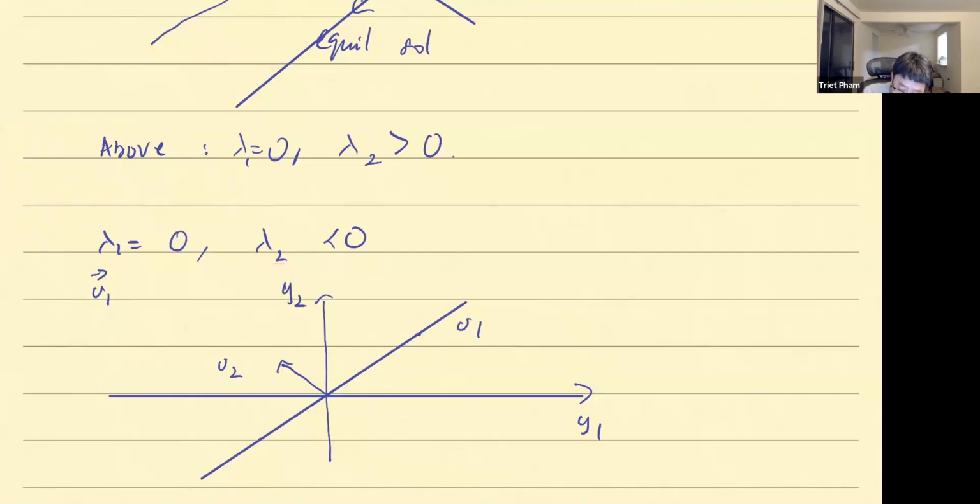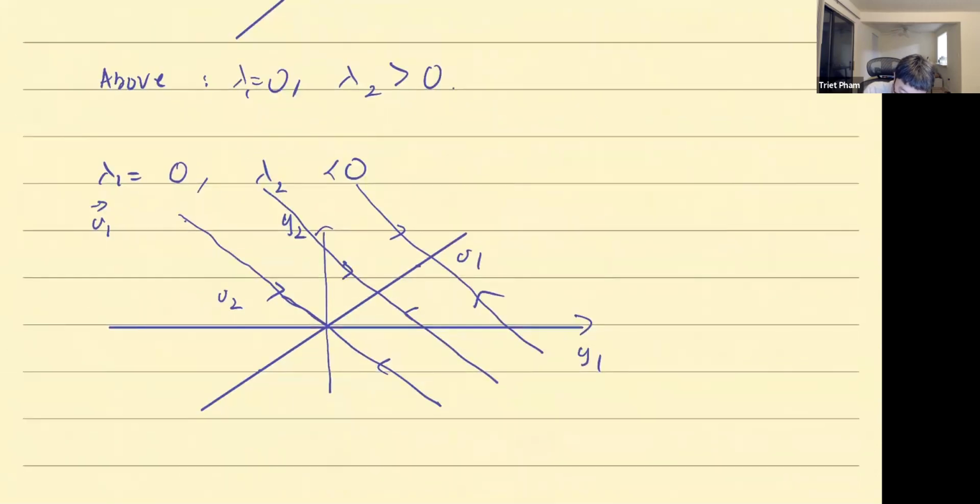You will move toward V1 along the direction of V2. So when I draw this arrow, I just indicate the V2, but you would move like this.